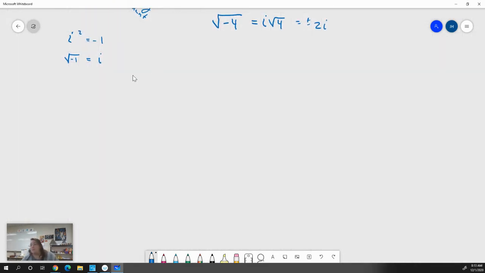Operations are addition, subtraction, multiplication, and division. We will not be talking about division today. We're only going to go through addition, subtraction.